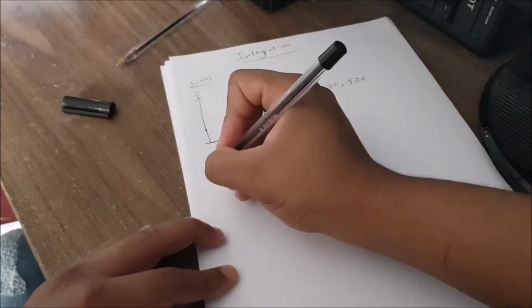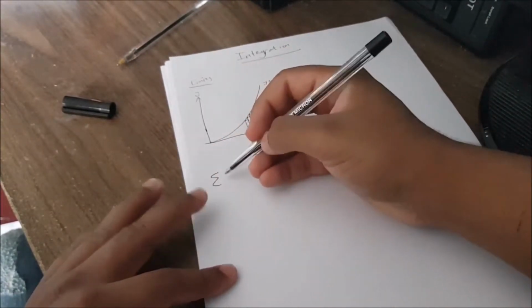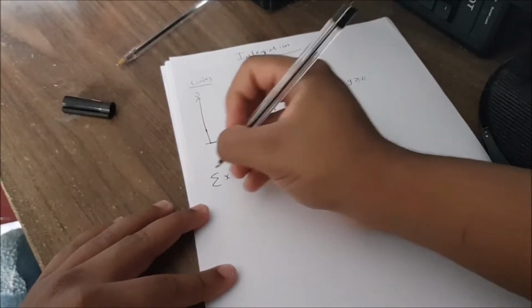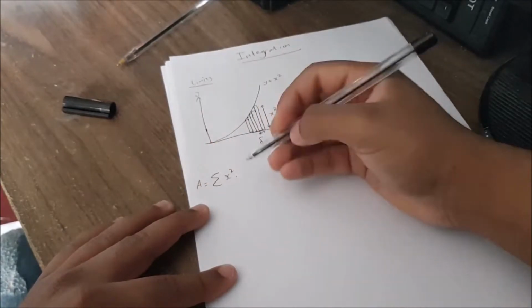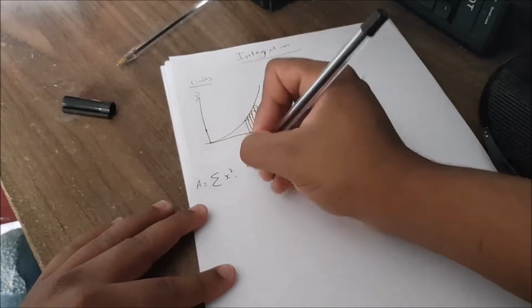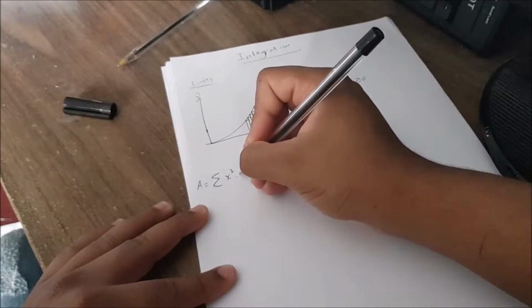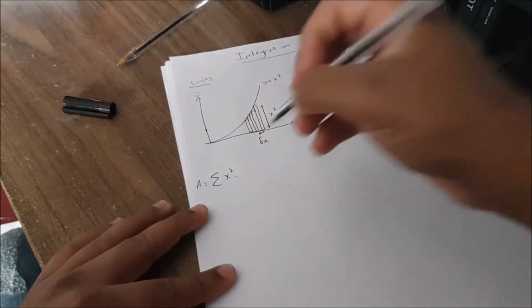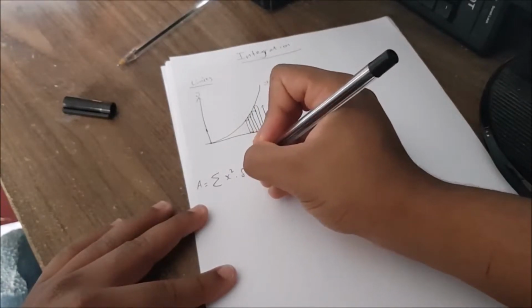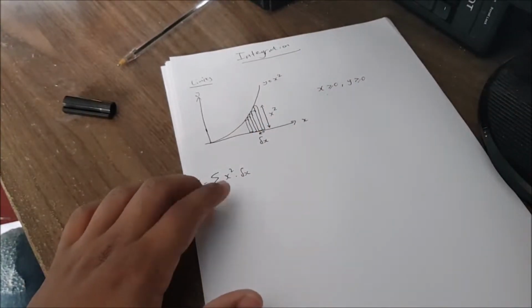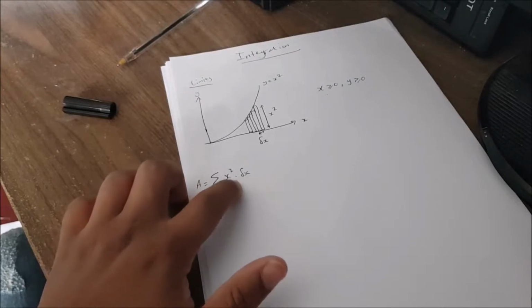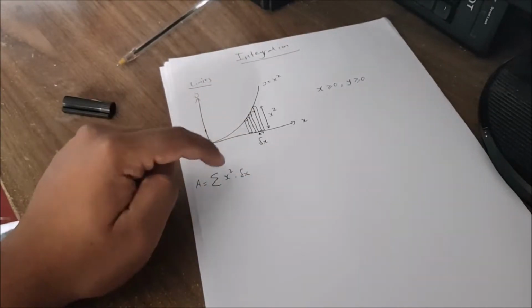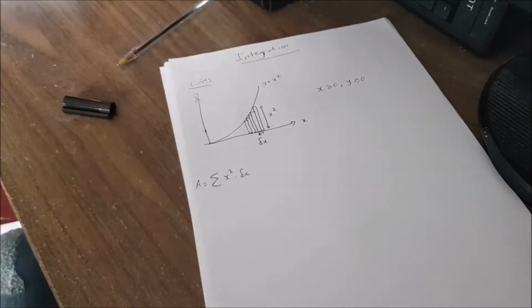So what we can say is that the area is the sum of x squared times, the little dot means it's a scalar, but it can mean times as well. Makes things more simplified. Times delta x. So this is the sum of all the areas of all the rectangles, added up.